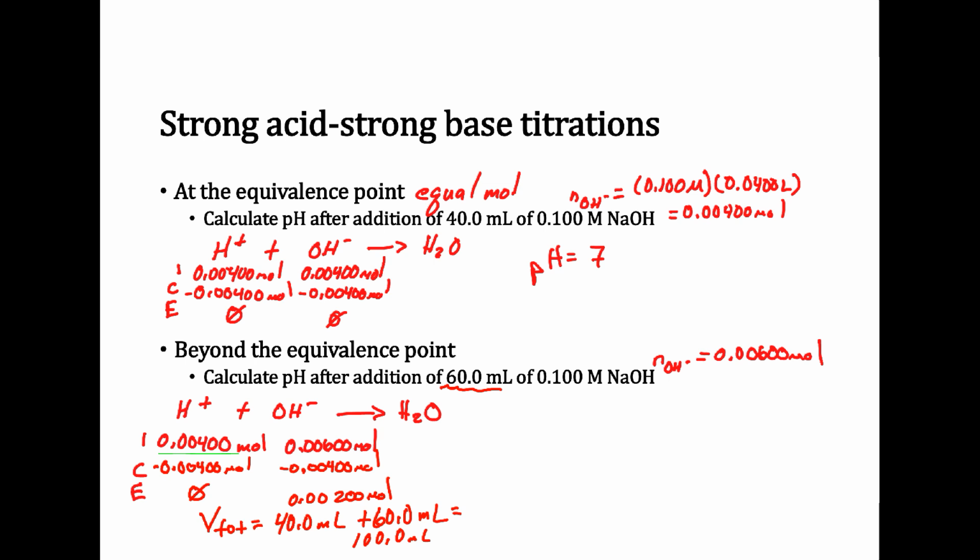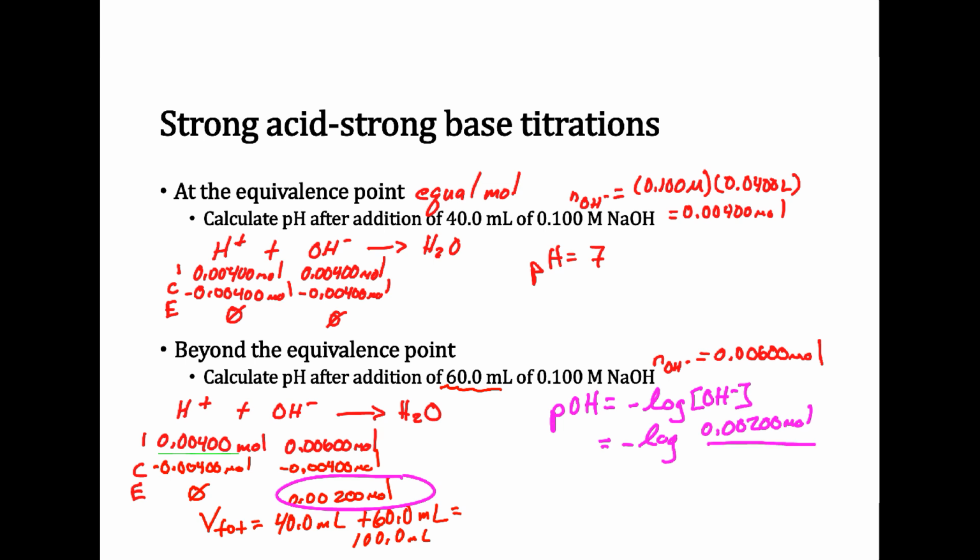So now notice that what's remaining is actually moles of OH minus. So it'd be easier for us to find the pOH. So pOH would be equal to negative log of the hydroxide concentration, which in this case we'd have negative log of 0.00200 moles over our total volume, which we need to convert to liters, so 0.1000 liters.